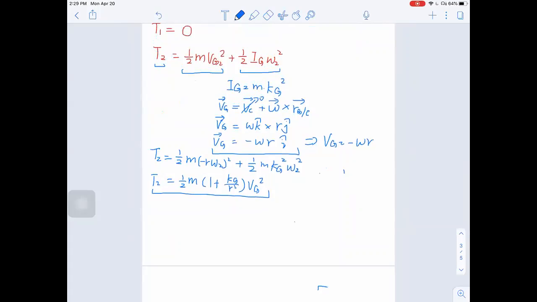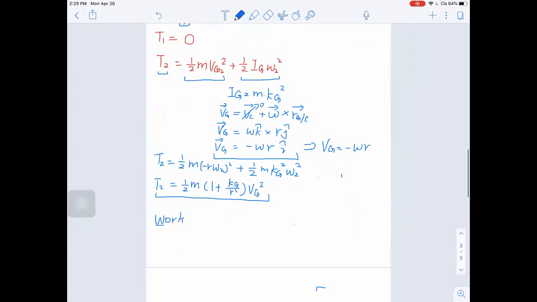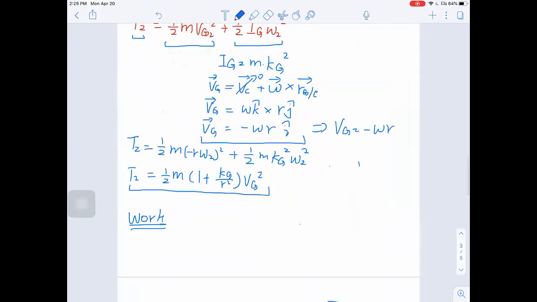So work. As we know, work can be done from conservative forces. If there are conservative forces, we can use V1, V2, the potential energies from conservative forces. Or we can use the work done from a constant force from 1 to 2 as well. Let's look at all the forces we have in our free body diagram.